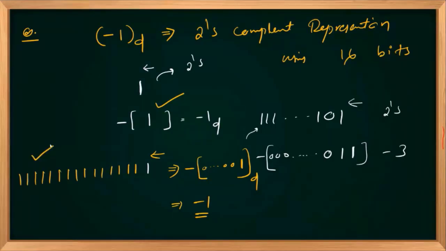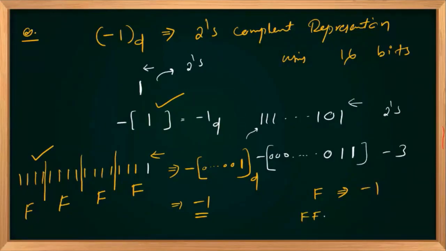If you are converting into hexadecimal, this is F, this is another F. Four ones constitute a single digit in binary to hexadecimal conversion, because 2 power 4 is 16, and 16 is the base of hexadecimal. So you should group 4 bits at a time: 1, 2, 3, 4 gives F, and the next group gives another F. So F represents the 2's complement representation of minus 1.